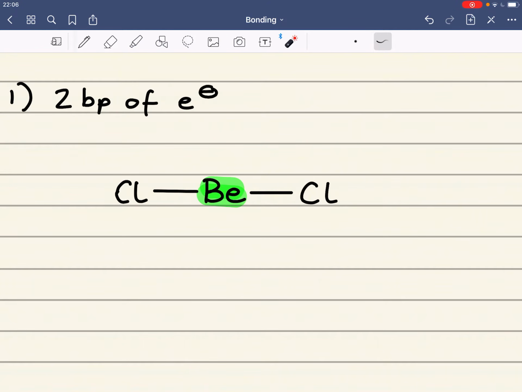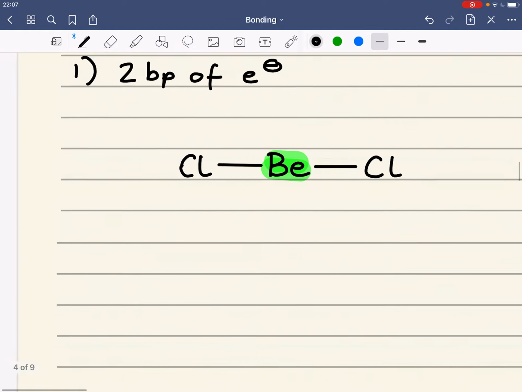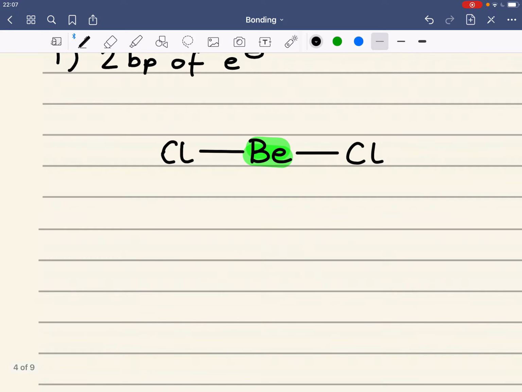And remember that these pairs of electrons are going to want to try and get as far apart from each other as possible to minimise the repulsion. And when we've got 2 bonding pairs of electrons, they arrange themselves in such a way where they give what we call a linear molecule. So the name of this shape is linear.